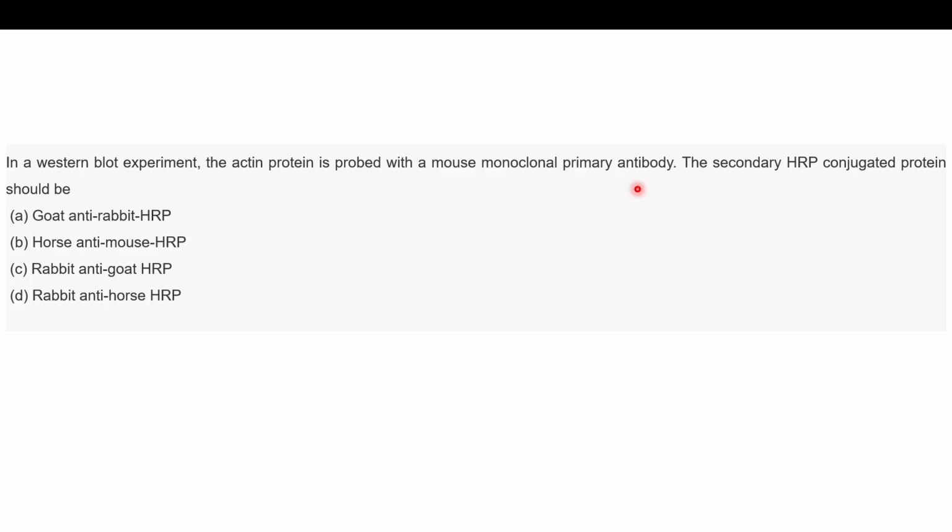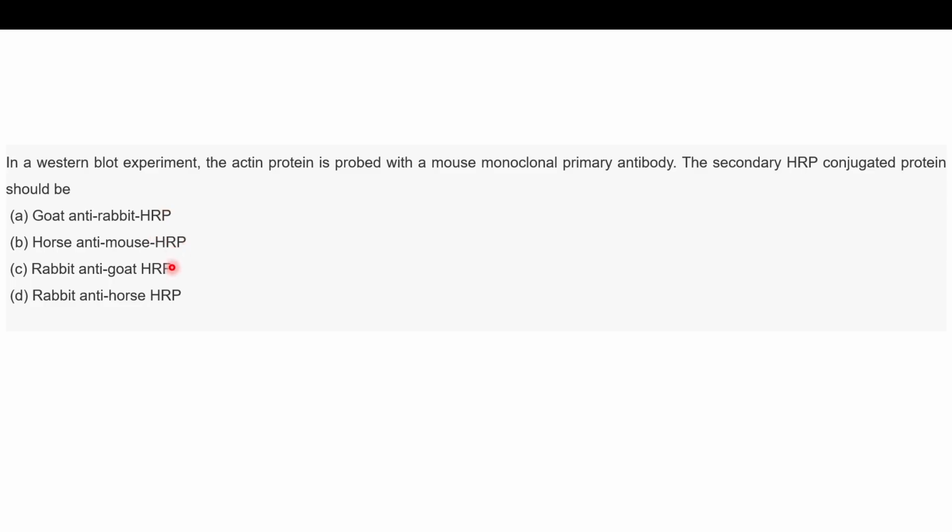So for the other organism, the antigen here is the primary antibody developed in mouse. So here it should always be anti-mouse. The thing that you should be looking for is anti-mouse. The organism can be goat, rabbit, horse, anything, but it should be anti-mouse.